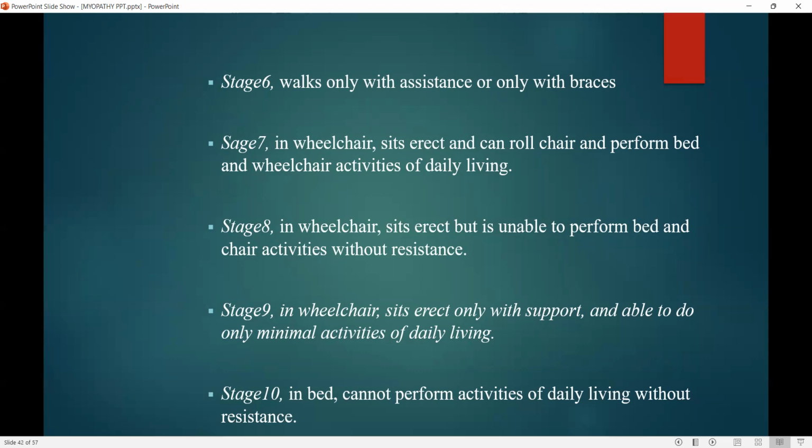Stage 9: in a wheelchair, sits erect only with supports and is able to do only minimal activities of daily living. Stage 10: in bed, cannot perform activities of daily living without resistance.